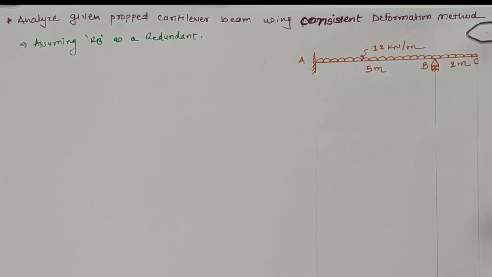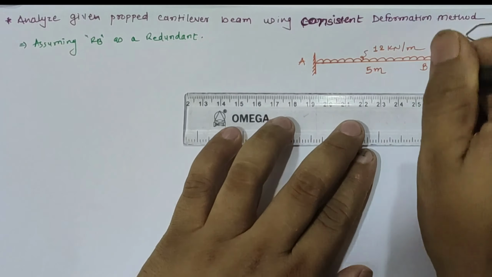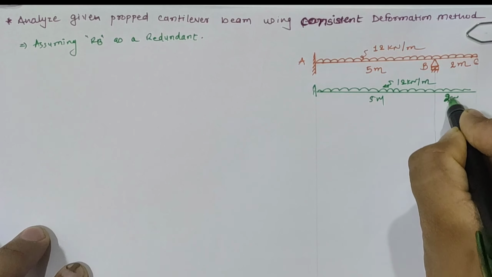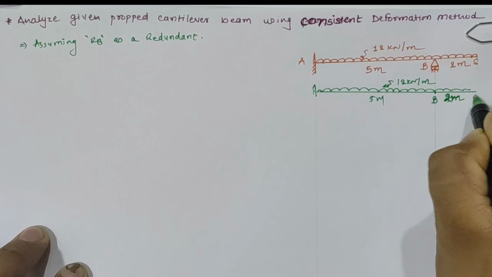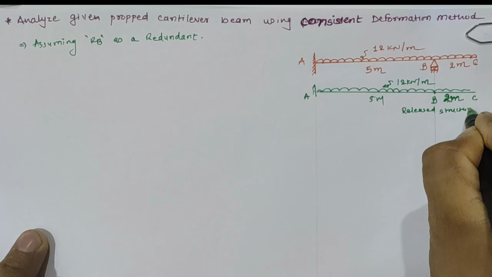Hence the rest structure, the released beam, is as shown.